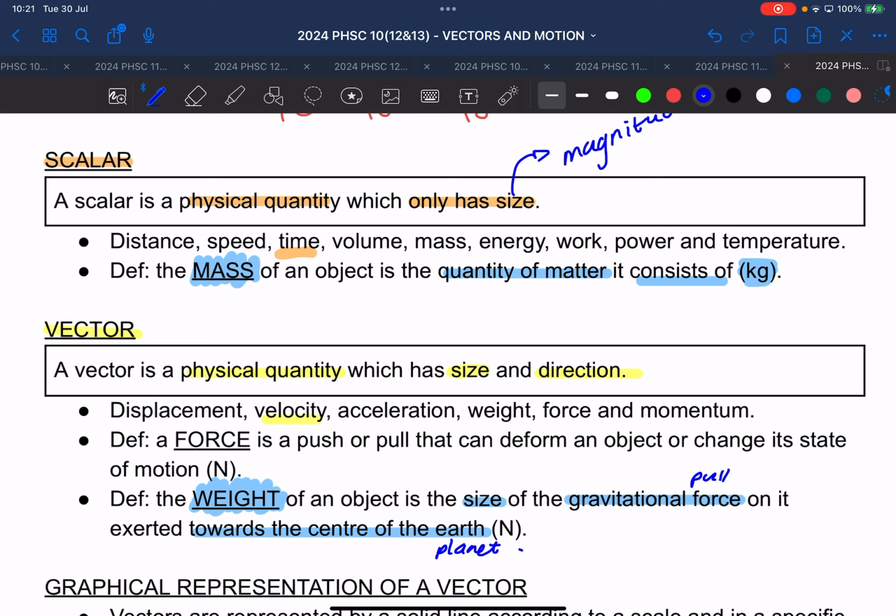And that is measured in newtons. So if someone asks you, how much do you weigh? They're actually asking it wrong. They're not asking for your newtons. If someone asks you what you weigh, you give it in kilograms. You'll say, I weigh 80 kilograms. So they should actually ask you, what is your mass?